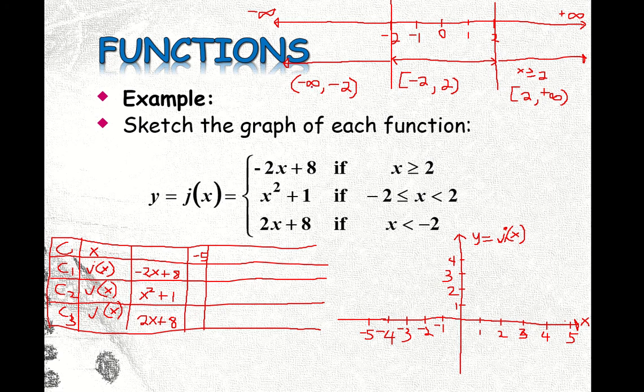So the formula is 2x plus 8. When x equal to minus 5, 2 times minus 5 is minus 10. Minus 10 plus 8 is negative 2. Now let's consider minus 4. When x is minus 4, that still belongs to condition 3. So 2 times minus 4 is minus 8 plus 8, so this would be 0.